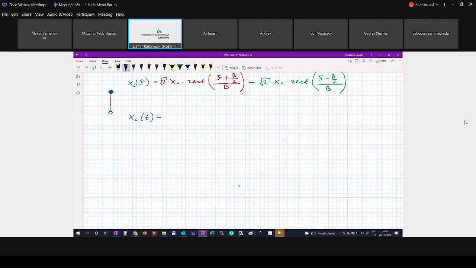For the rectangular pulse, we have square root of 2 times x0 times B, because if we look at our table, we see that if you have a rectangular pulse in one domain, after transformation you have to take into account the duration of this rectangular pulse, B, sinc function, pi B times t. And should I add something else?